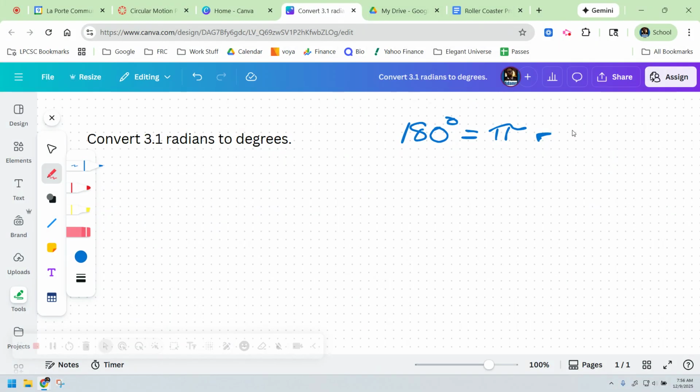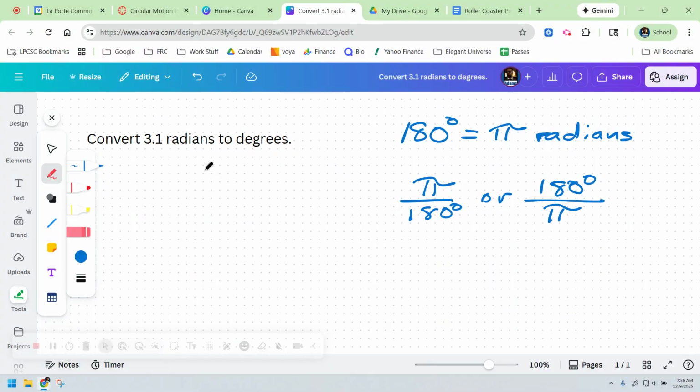And usually we just write rads, which I'm going to write out the word radians because we use rads later on in physics and I don't want anybody to get confused. So that means I could have pi radians over 180 degrees, or I can have 180 degrees over pi radians.